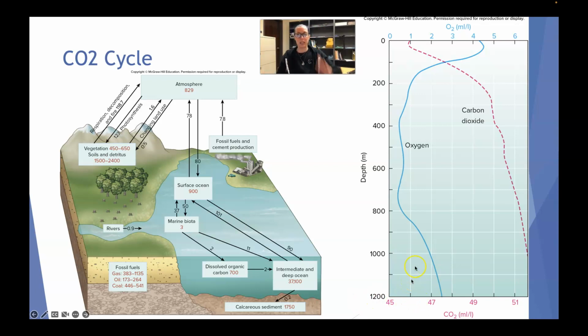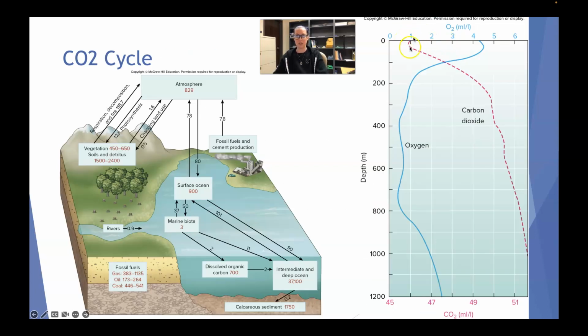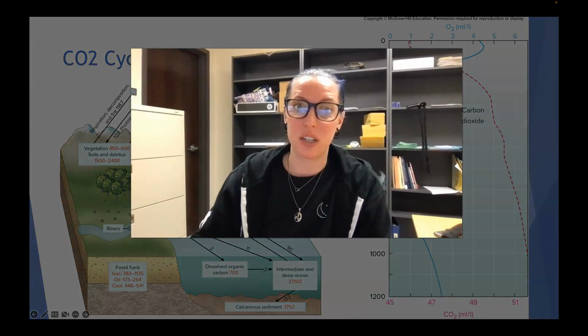The main take-home point here is that there's not as much CO2 in the surface water, but as you go further down, there's a greater concentration of CO2, whereas oxygen starts as rather abundant and then gets used up to pretty minuscule levels, and then regains concentrations after about 1,000 meters or so. All of this information has huge impacts on the chemistry of water.